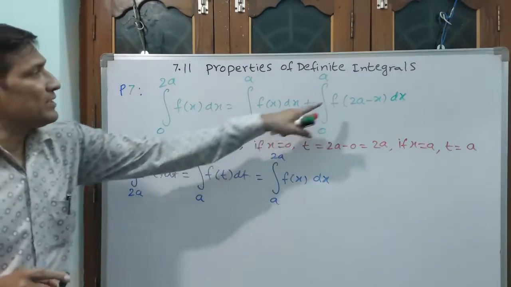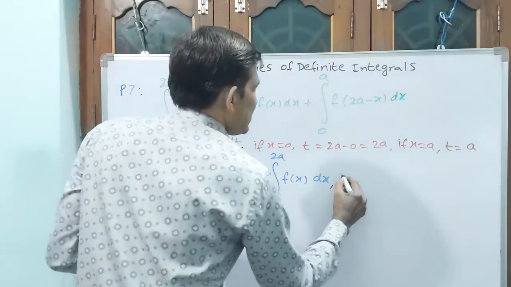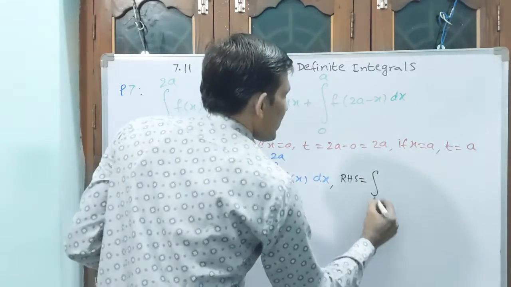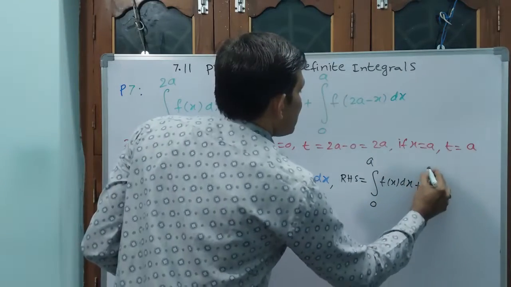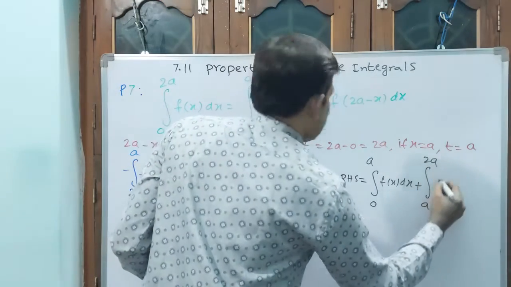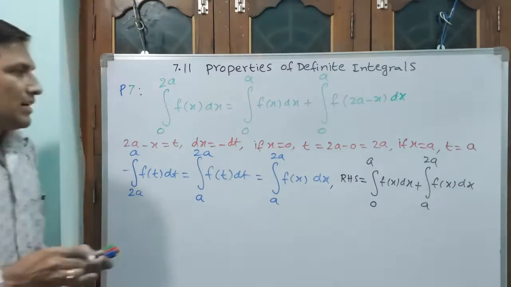Now you substitute this here. Now you write the RHS is equal to 0 to a f of x dx plus a to 2a f of x dx. Is it okay?